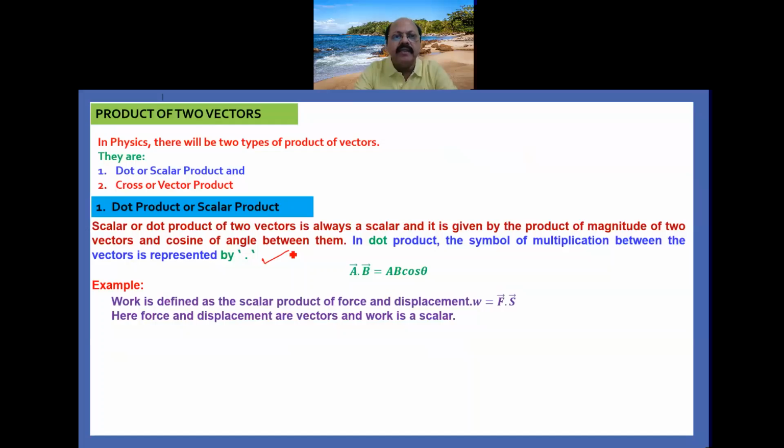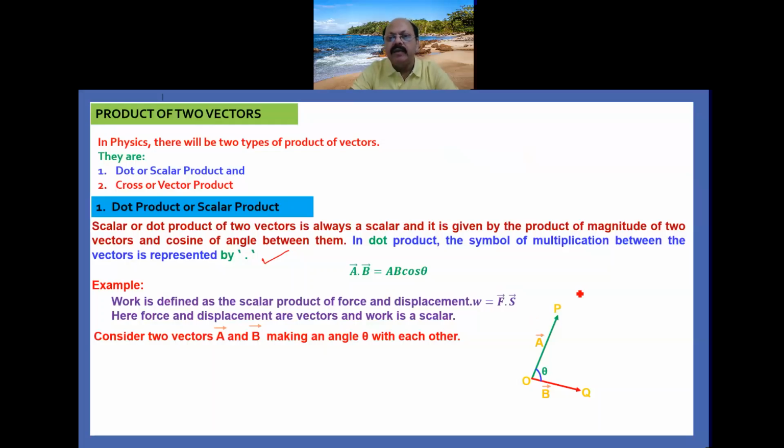Similarly, take another example, power. Power is the dot product of force and velocity, that is P equal to F vector dot V vector. Now here we consider two vectors, A vector and B vector, making an angle theta with each other, as you can see in the diagram. Here we have taken two vectors, OP vector, represented by A vector, and OQ vector, represented by B vector.